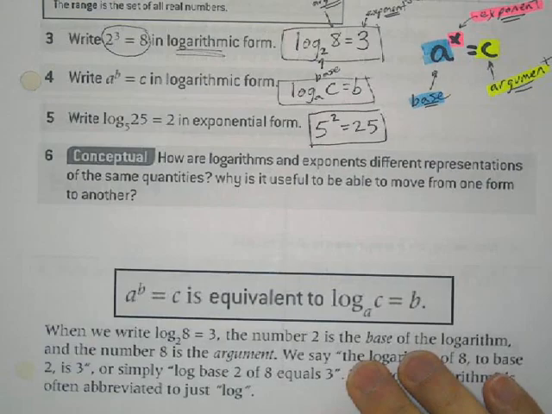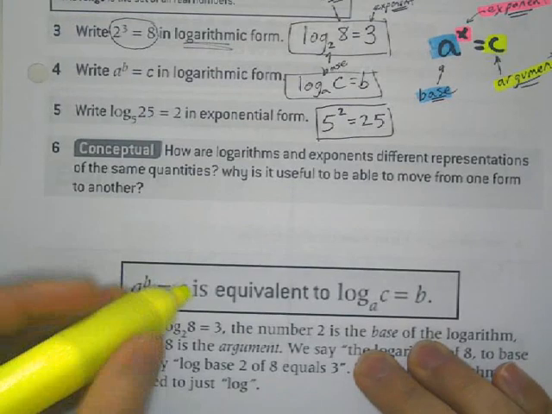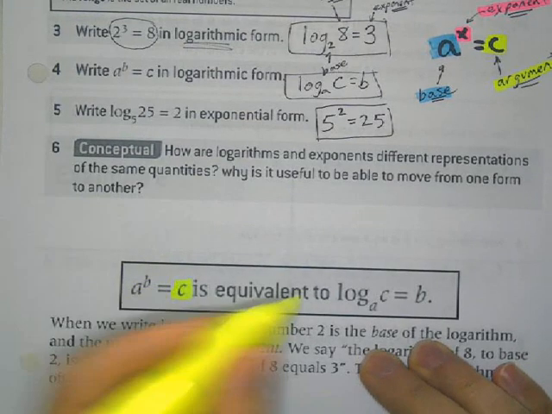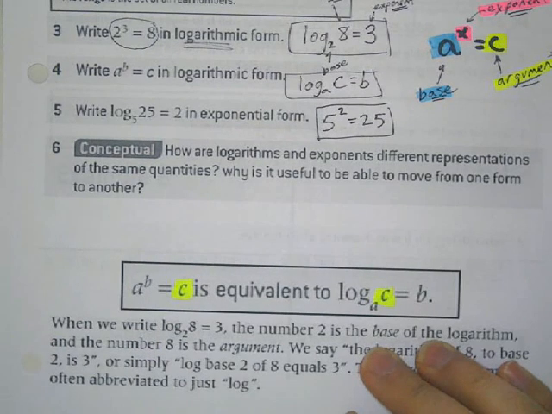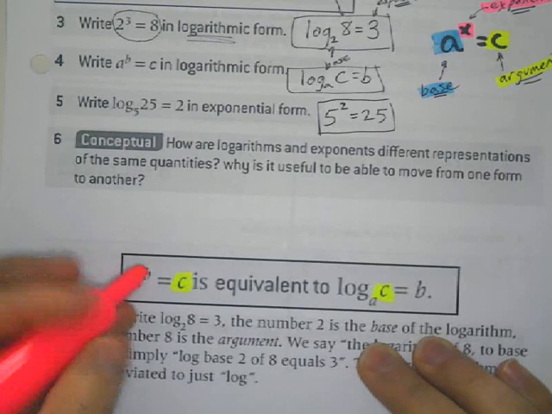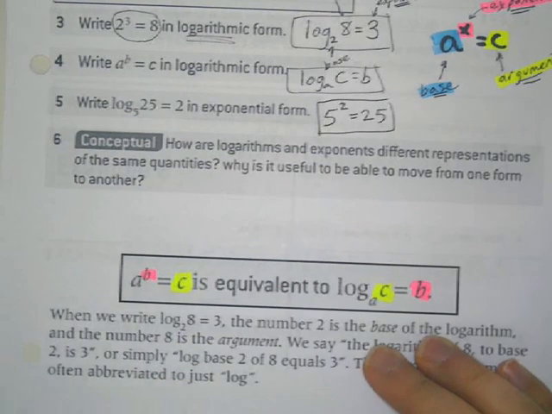In a little bit, I'll be showing my answer key when it's time for you to check to make sure that your work is correct. But we're going to do the first few problems together. Okay.